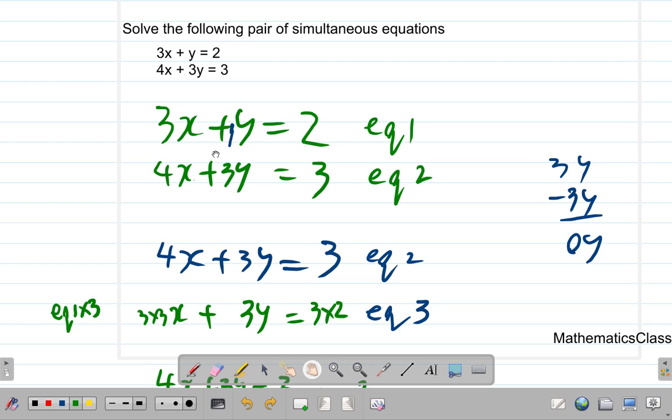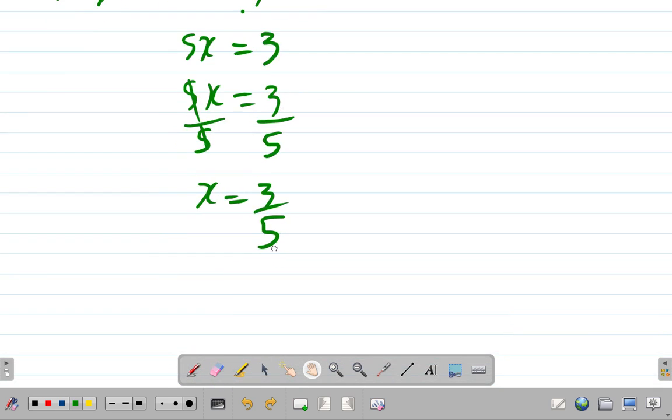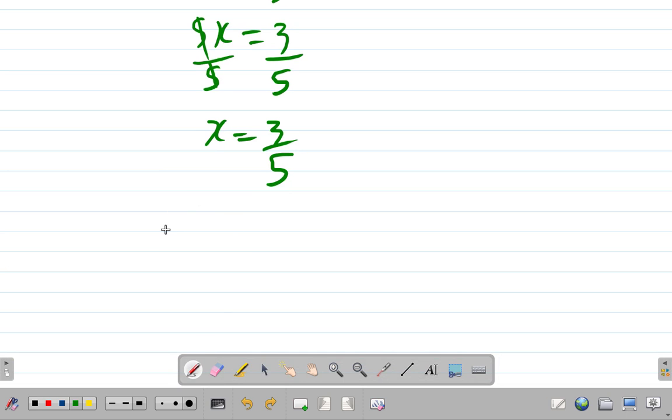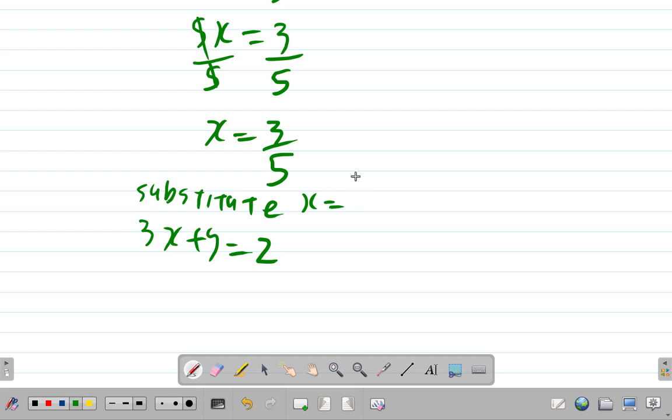We could try equation 1 or equation 2, but equation 1 has smaller numbers, so it's easier to deal with. 3x plus y equals 2. So we substitute x equals 3/5 in equation 1. Alright. We know that x is 3/5.